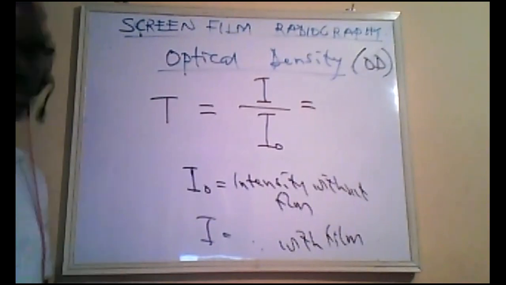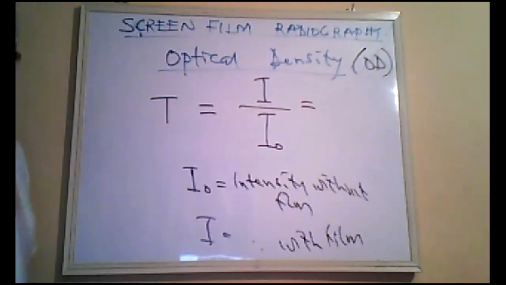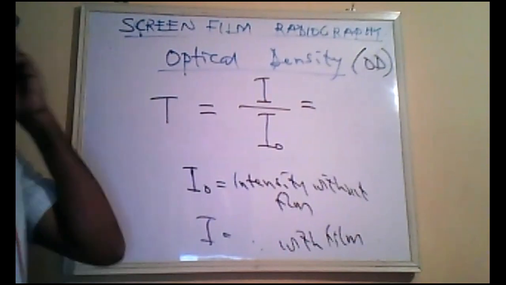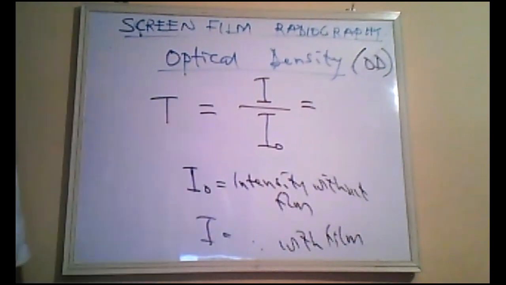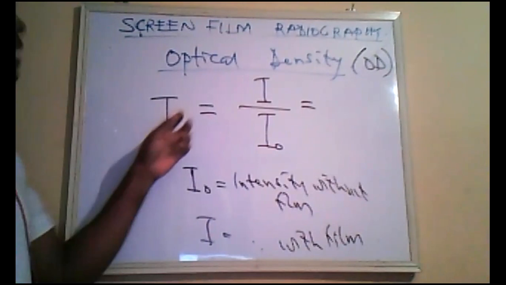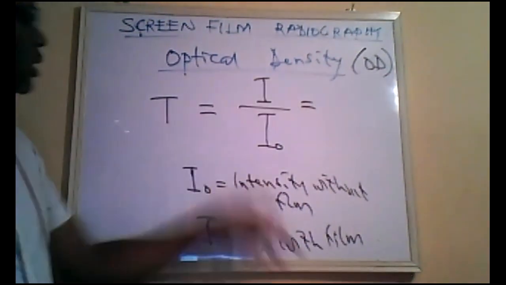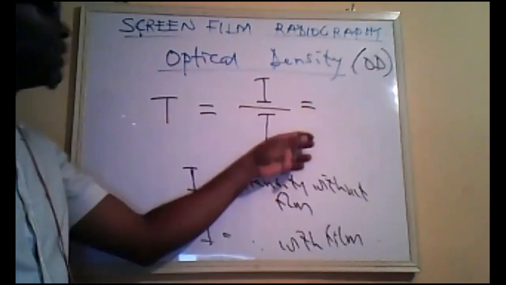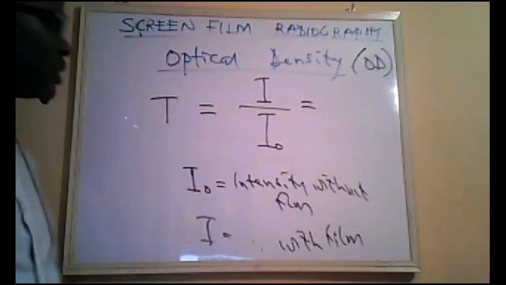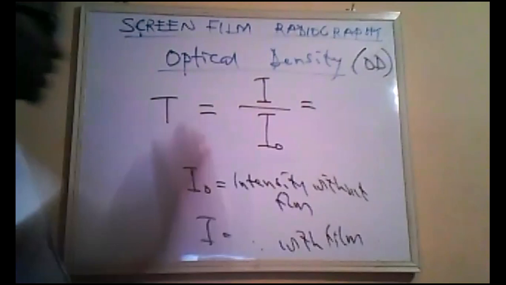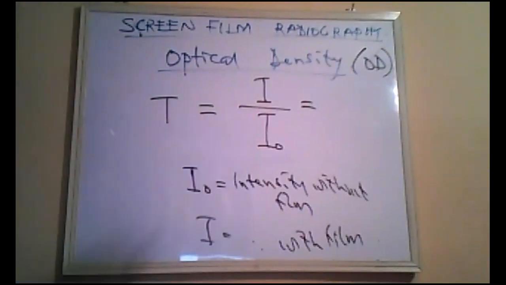It must have been exposed. But you want to know the amount of light that can pass through that film. Just use this formula: transmittance T is the intensity with film, I, over the intensity without film, I naught. With that, we know the transmittance of the film.